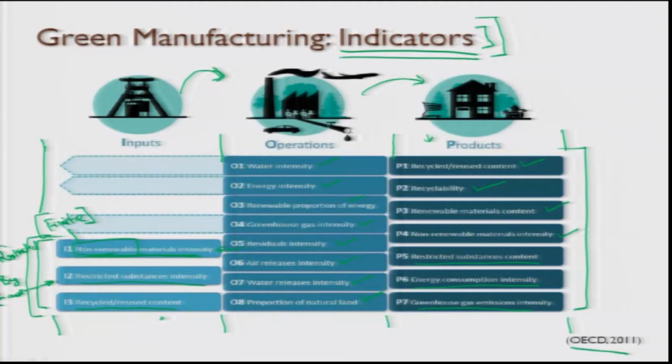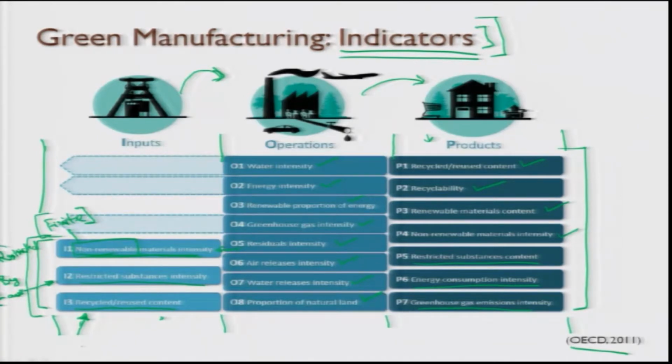So next I have is recycle or reused content here. Recycle or reuse content here means the energy to produce the product may be renewable or may be non-renewable. But if it is recycled or reused, it will always have better environmental, better eco-efficiency, I would say here.